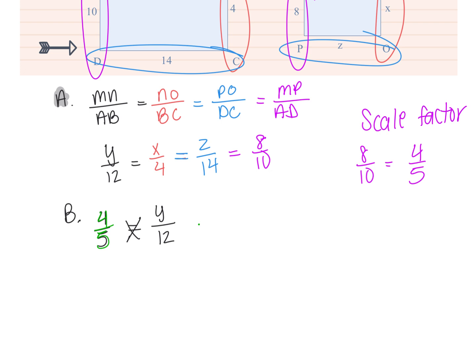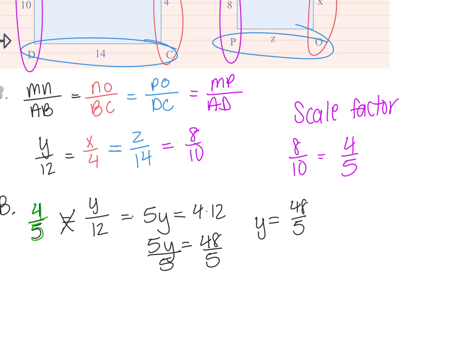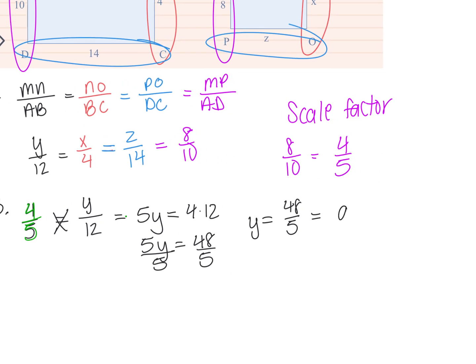Cross multiply. 5y equals 4 times 12. 5y is going to equal 48. Divide both sides by 5. Y is 48 over 5. I'm going to change it to a mixed number. You could change it to a mixed number or a decimal. So I have 9 and 3/5, which is the same thing as 9.6 units.